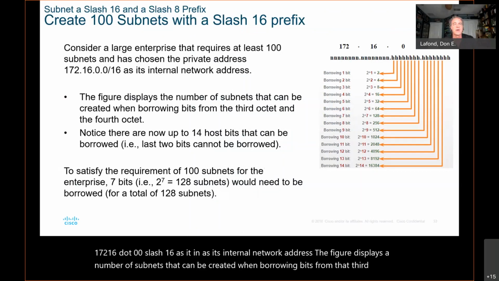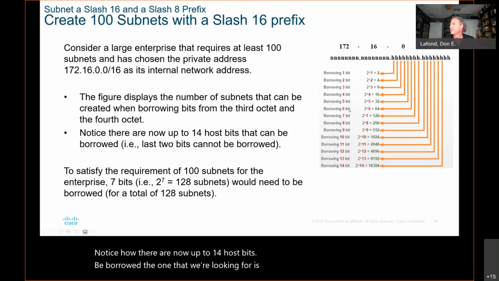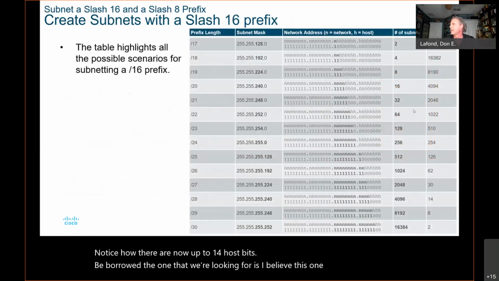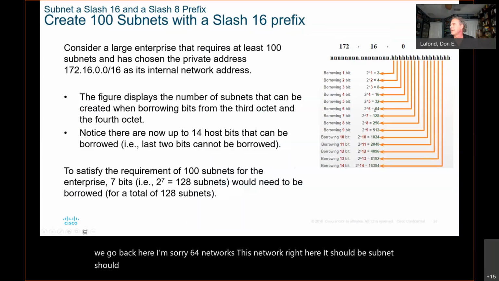Notice how there are now up to 14 host bits that can be borrowed. The one that we're looking for is, I believe, this one with 64 networks. This network right here, the subnet should be the same as this one right here.